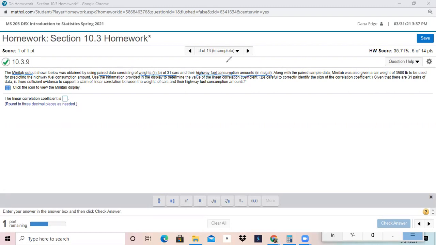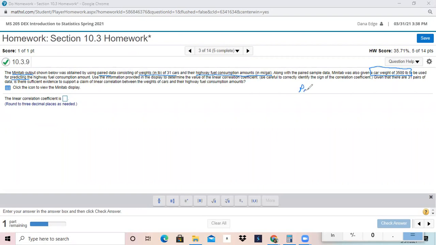So this is their gas mileage. And along with the paired sample data, Minitab was also given a car weight of 3,500 pounds to be used for predicting the highway fuel consumption amount. So specifically what the highway fuel consumption amount, the gas mileage, would be for a car that weighed 3,500 pounds.